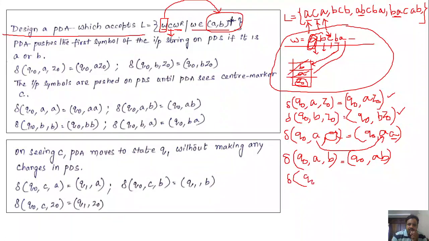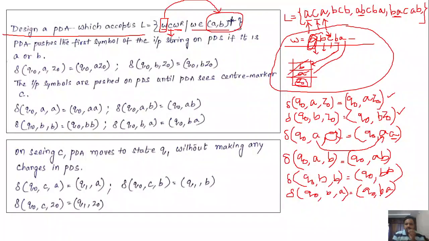If you are in state q naught and the input is B and the top of the stack is B, you will be in the same state and push B B onto the stack. Next, delta of q naught comma B comma A, that means the input is B and the top of the stack is A. In this case also we push B A onto the stack by remaining in the state q naught. So this process continues.